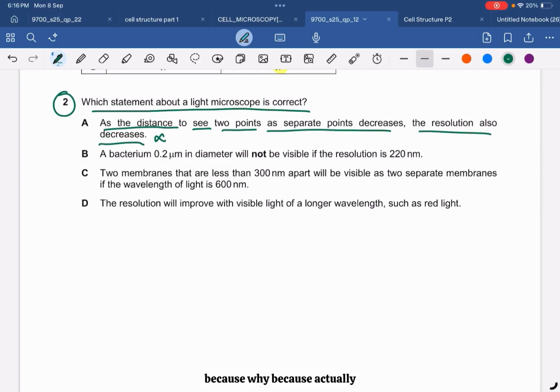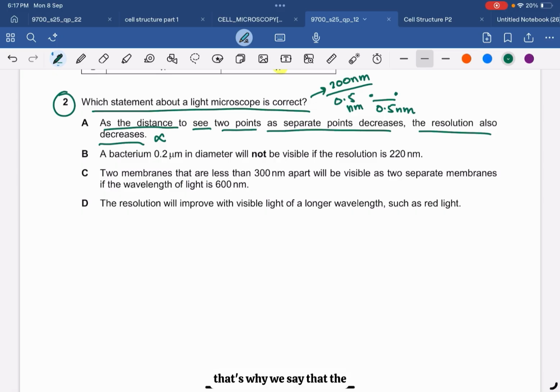Because if you can distinguish the 2 points at a smaller distance, then the resolution is better. For example, the light microscope has a limit of resolution of 200 nanometers, and the electron microscope has a limit of resolution of 0.5 nanometers. If these 2 points are only 0.5 nanometers apart and you still can view them as 2 separate points, then the resolution is increasing.